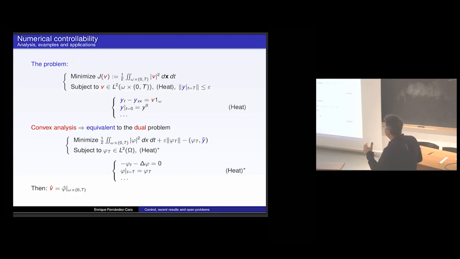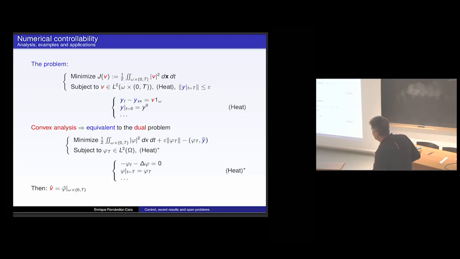There is a technique that permits us to rewrite this problem equivalently like this one, in which the function to minimize is a little bit more complicated, but there is no restriction. So this is a problem in which the minimization is made with respect to phi T. Phi T is the final value of the adjoint system, and the adjoint system appears here in the functional to minimize.